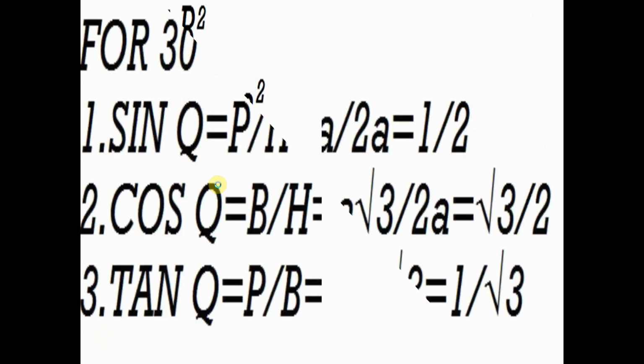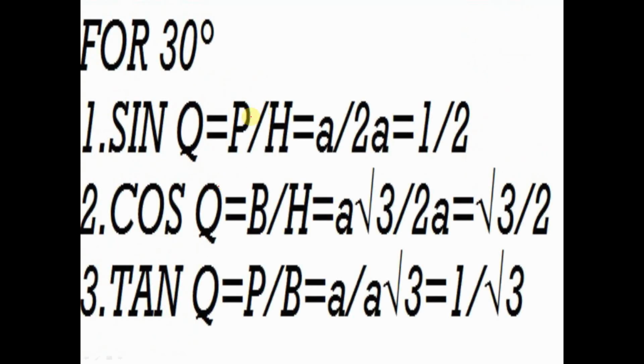Now you can understand. So h value is same, p, because we are standing in 30 degree, so p is equal to a and h is equal to 2a. So a cut, so here 1 and here 2 is remaining, so 1 by 2 is the answer. Now the 1 by 2 is the sine value for 30 degree.